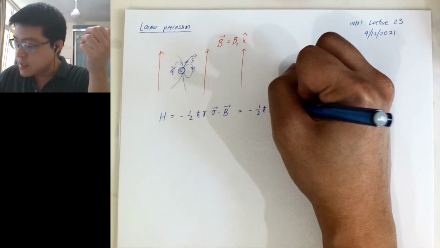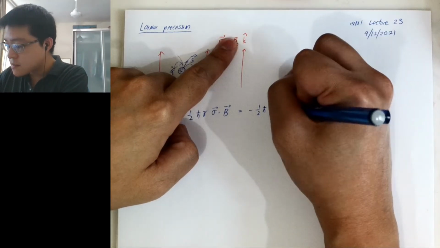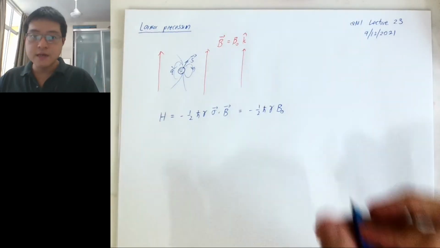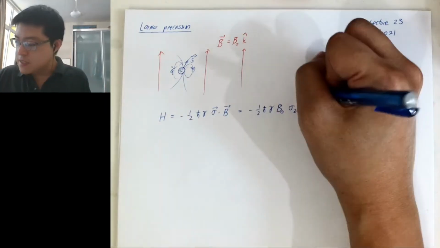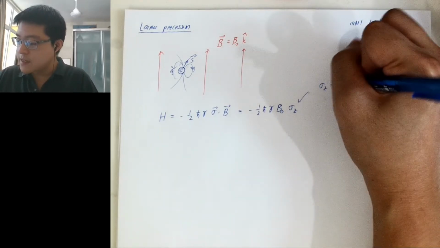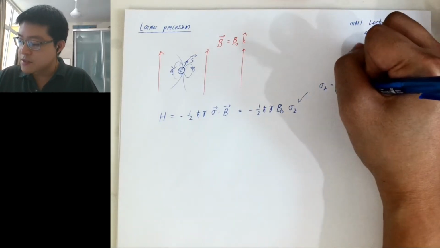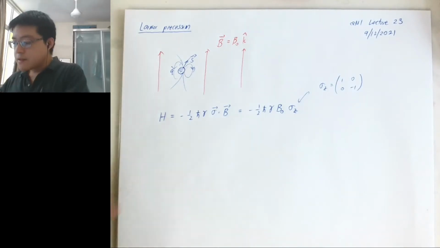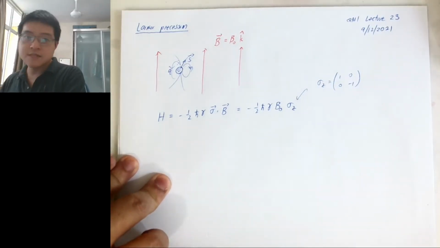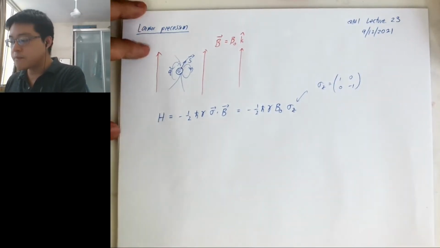B is a constant that tells you how strong the magnetic field is, and it's multiplied by sigma z, the Pauli matrix in the z direction, which is (1, 0; 0, minus 1). Our Hamiltonian is just a constant times the Pauli matrix.